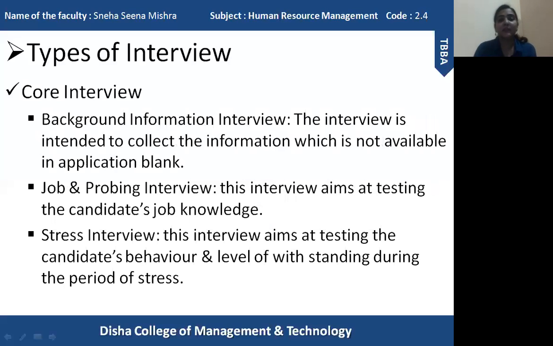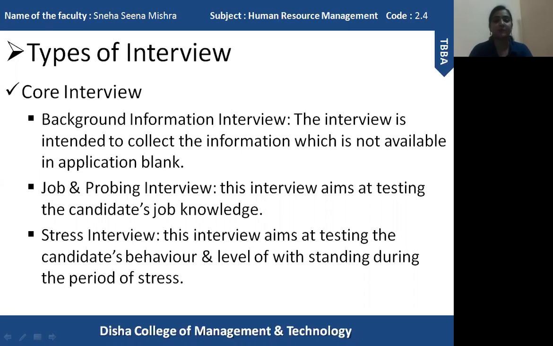The second one is the core interview. Okay. So core interview means, first of all, an interaction between the line executives and experts with the candidate. They interact on the basis of job knowledge, the core areas in which the candidate has mentioned that he or she has a particular qualification.